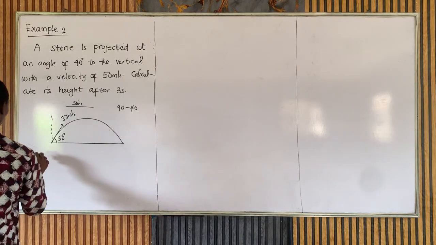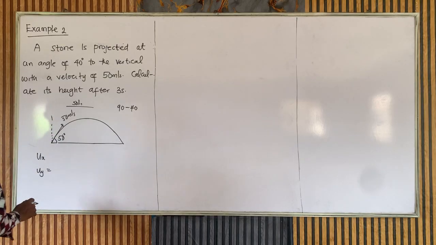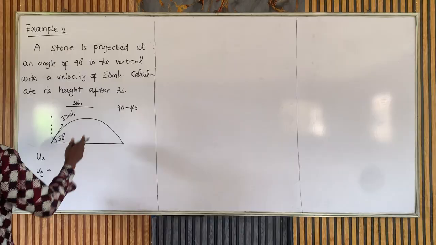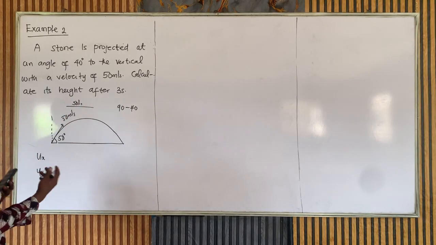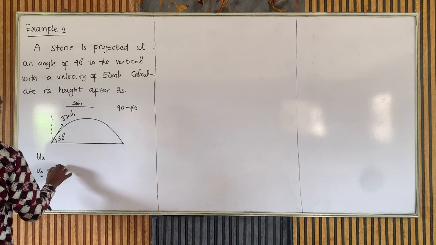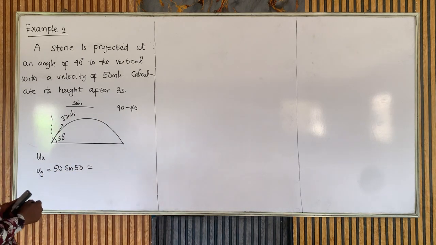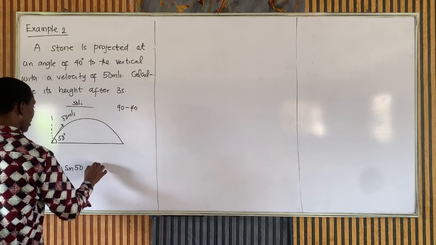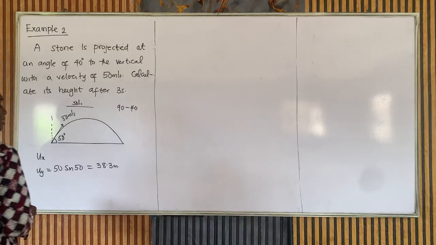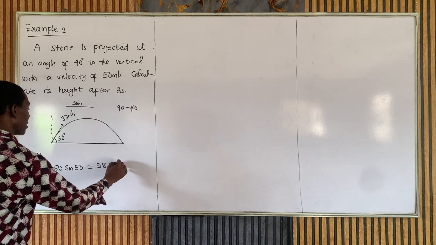Now, first of all, what's your ux and your uy? Well, because we are asked to get the height, we need only uy, we don't need ux. Our uy will be 50 sine 50, and that will be 38.3 meters per second, please.